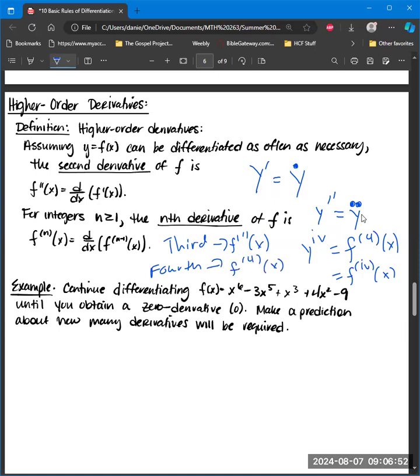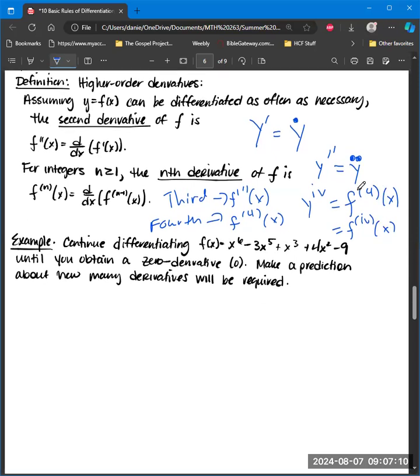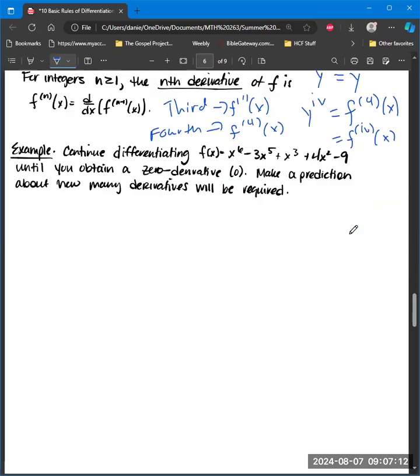Don't use this prime notation after 3. Either use dot notation, and even that gets a little dicey after 3, or use the Roman numerals, or use what looks like the power in parentheses that tells you the order of that derivative.